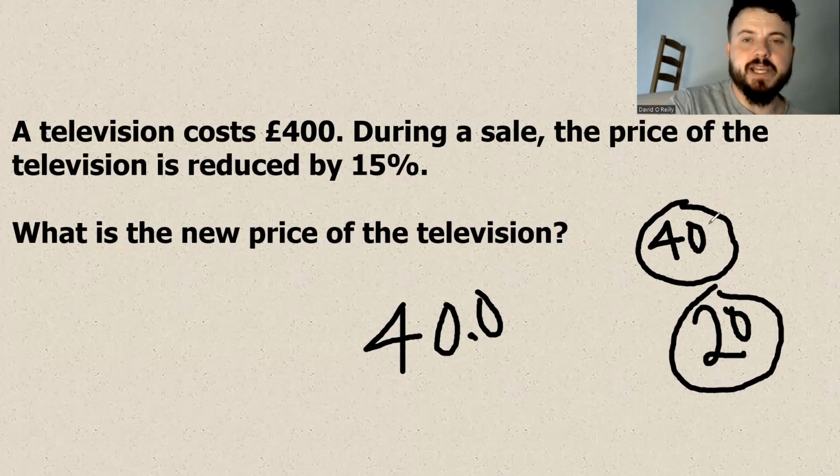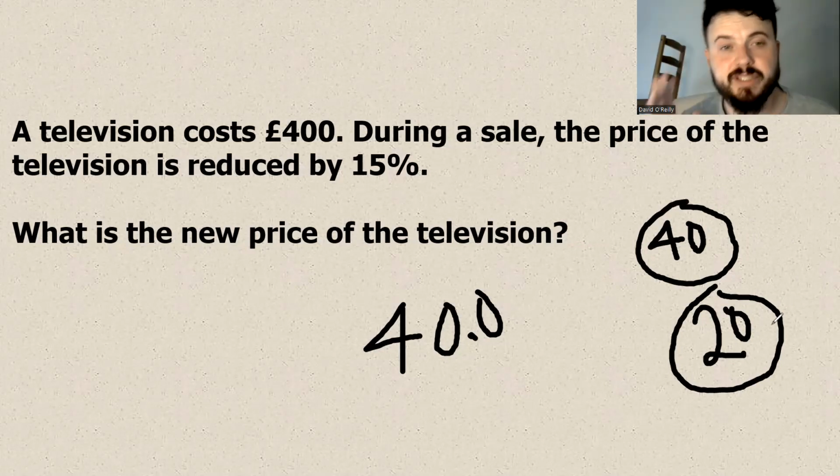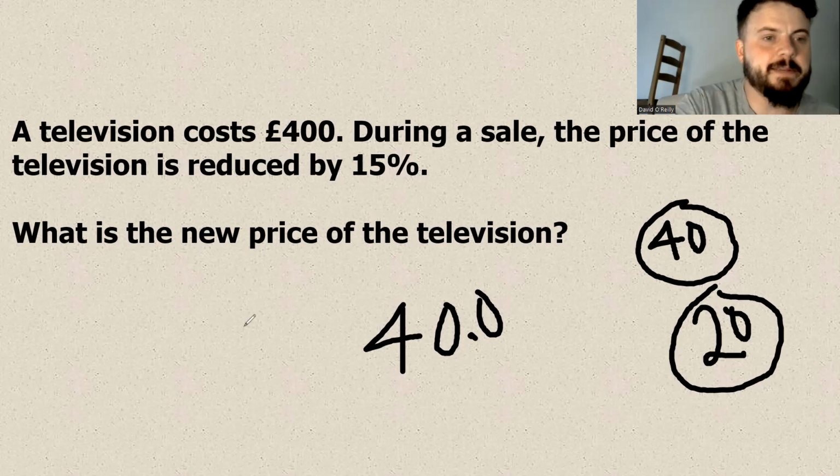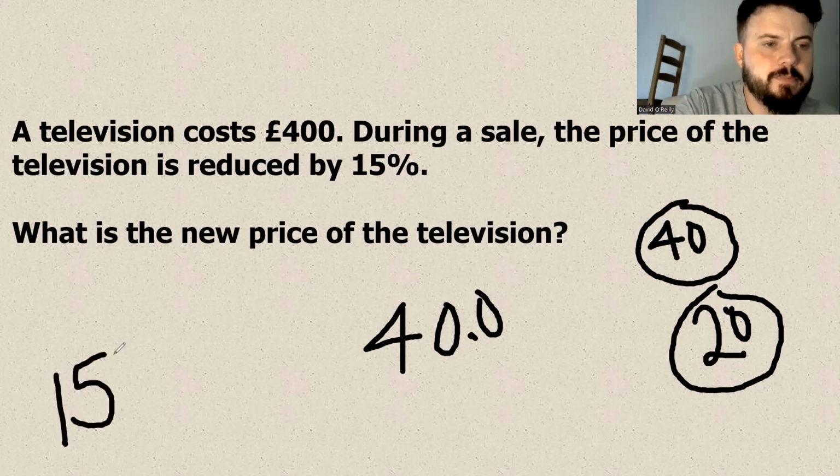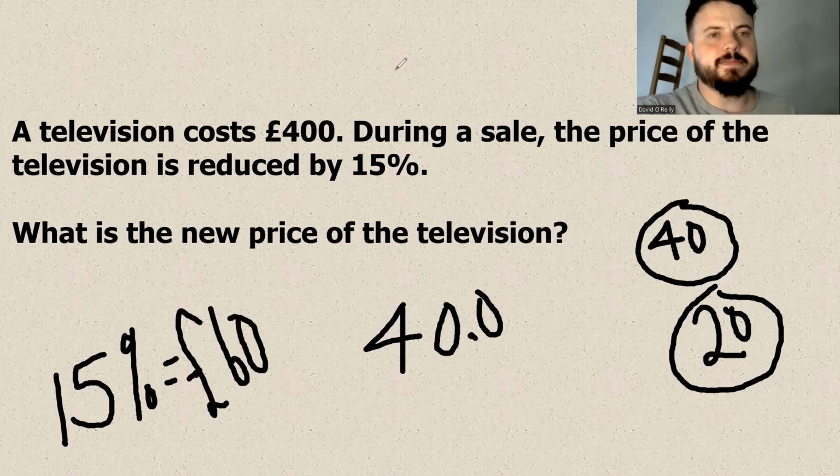So 10% is 40, 5% is 20. 10% and 5% added together is 15%. So 40 and 20 added together is 60, which means 15% is equal to £60, and in this case, the context is pounds.